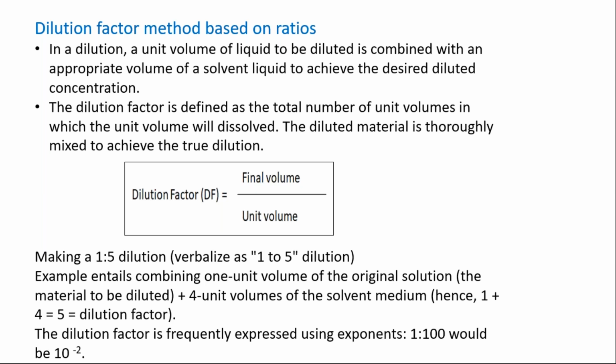The dilution factor is equal to the final volume divided by the unit volume. So to make a 1:5 dilution, you take 1 unit of the stock and 4 units of the diluent, and dilute it to get a 1:5 dilution, and your dilution factor is now 5.